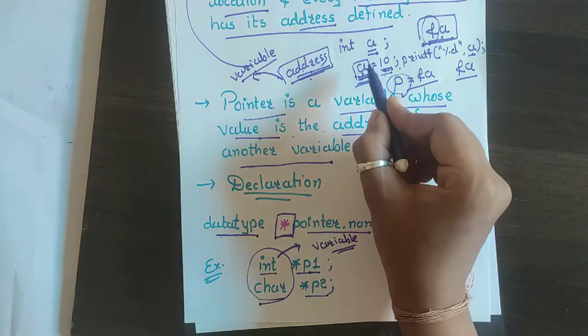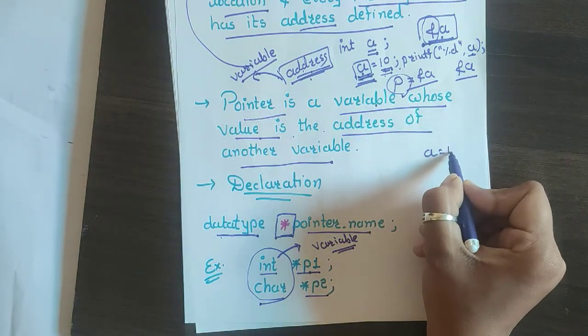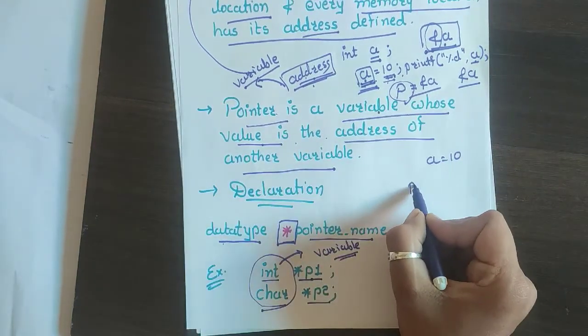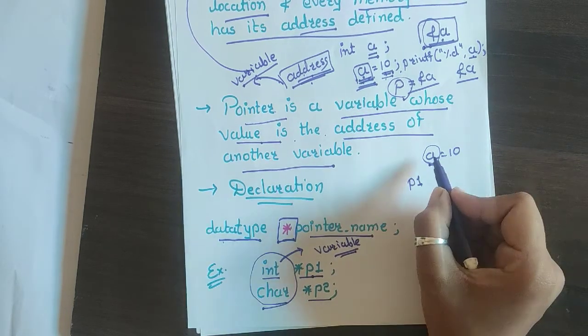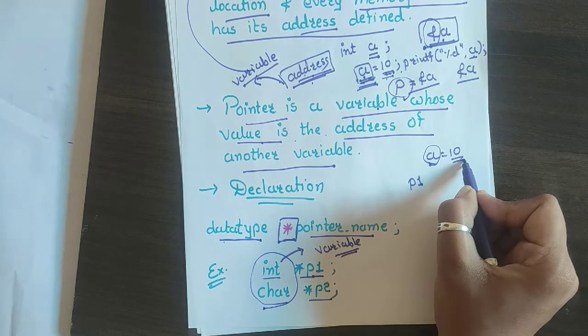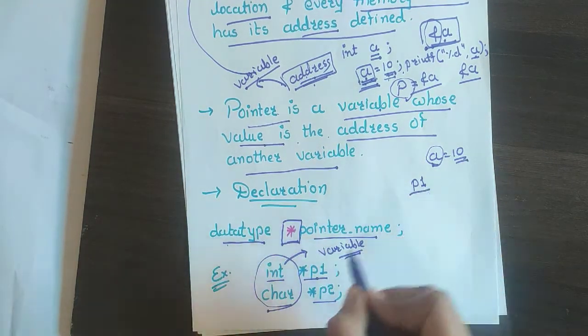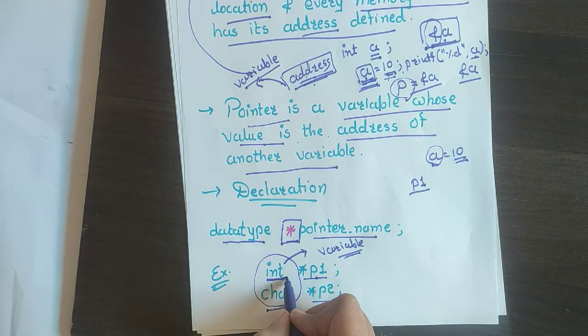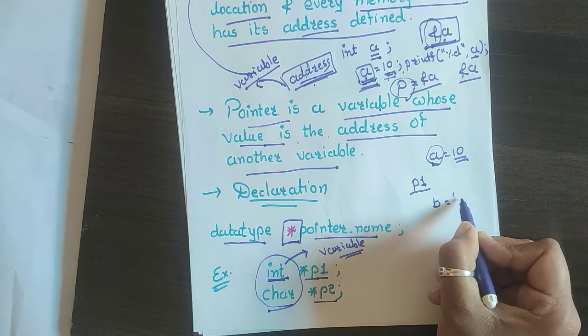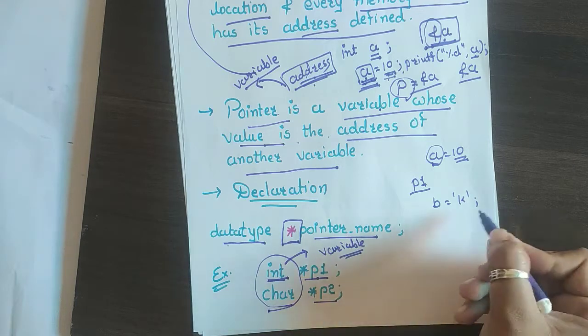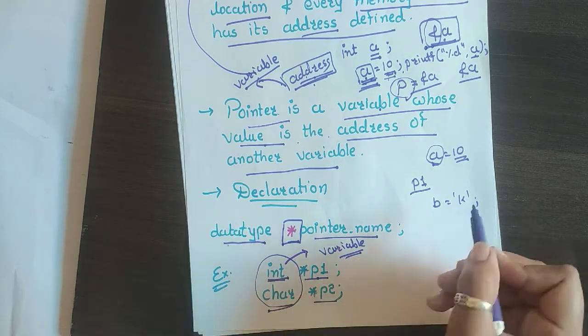For example, I have a equal to 10 and in p1 I am going to store the address of this a. This a is of integer data type, that's why *p1 is of integer data type. Suppose I have some variable b with value k, which is character data.